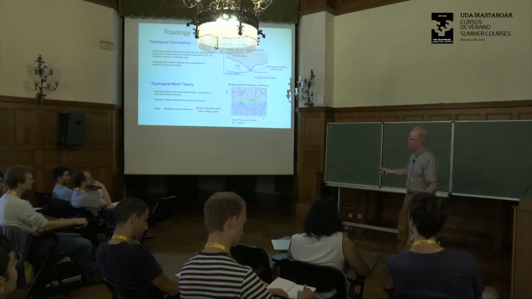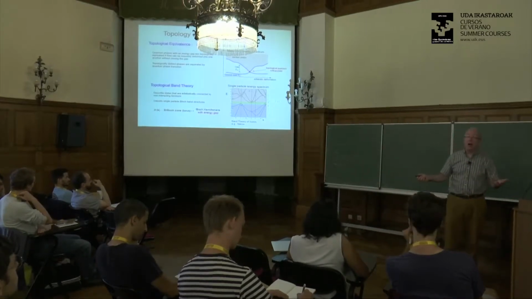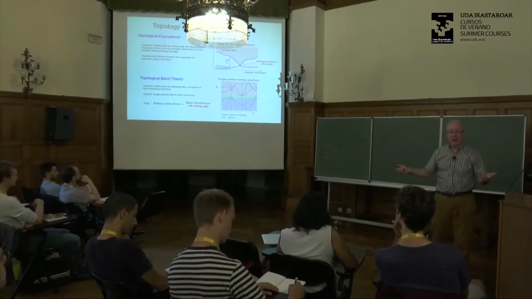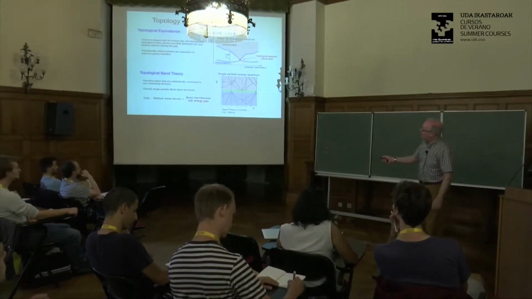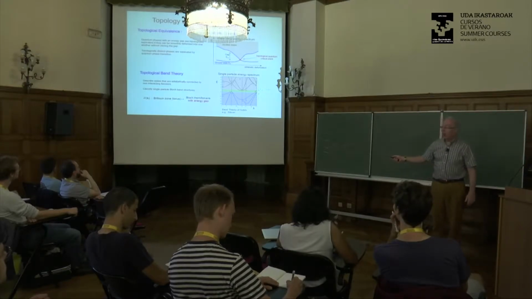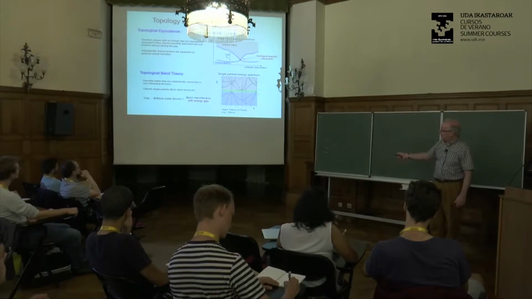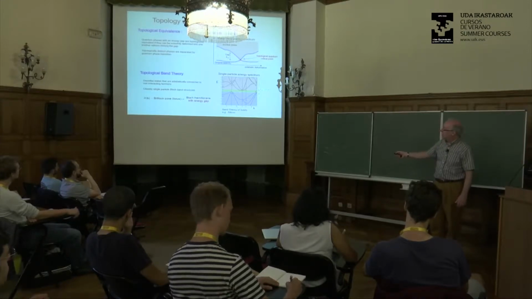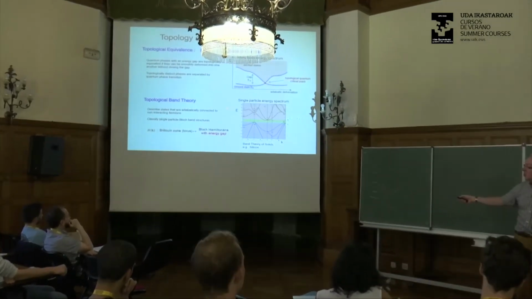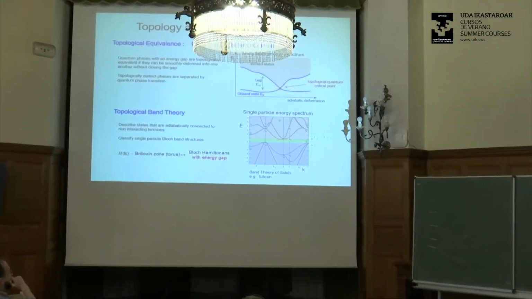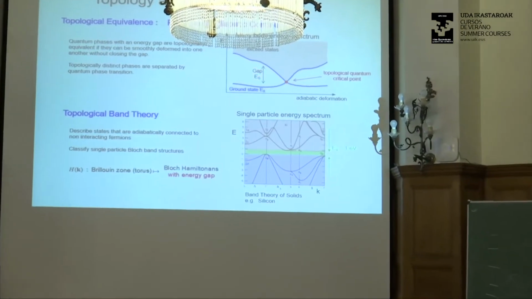Okay? And in the context of band theory, which of course is a very powerful tool for understanding the electronic structure of materials, you think about the single particle energy spectrum, and you have a set of occupied states and a set of empty states, and if the valence band and the conduction band are separated by an energy gap, then you fill those states up. The many-body ground state has an energy gap.